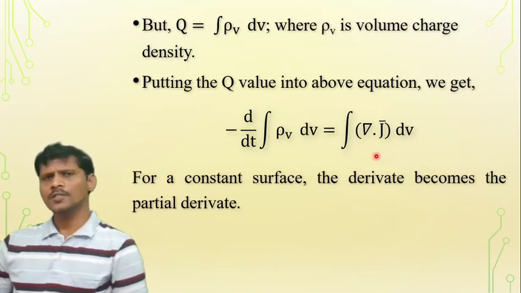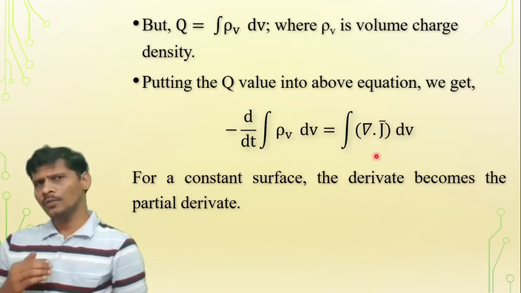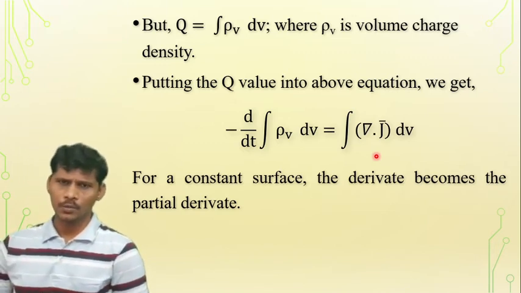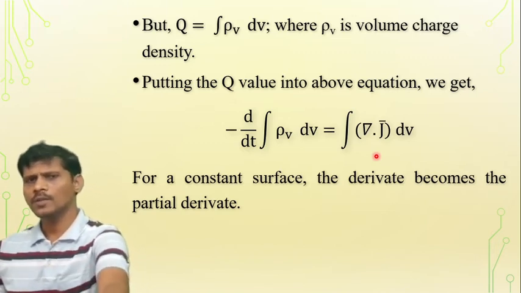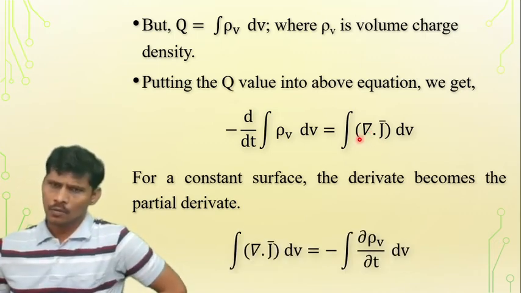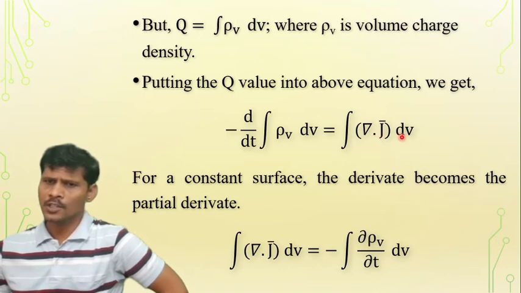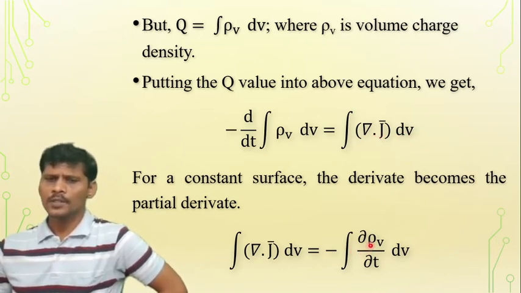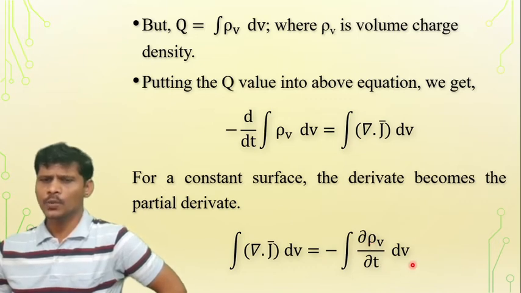For a constant surface, the ordinary derivative will be converted to the partial derivative. So the above equation may also be represented as the volume integral of del dot J bar dV is equal to minus the volume integral of dou rho v by dou t into dV.